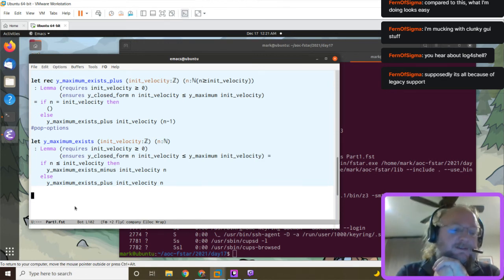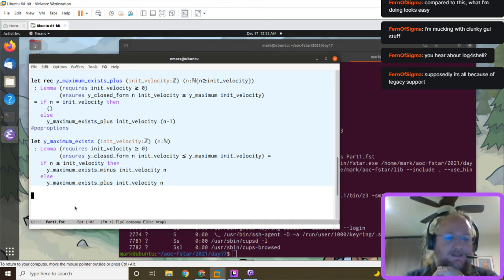All right, we know where the maximum is. We proved it. We checked our proof, such as it was. So the next thing we want is, so what is the largest?